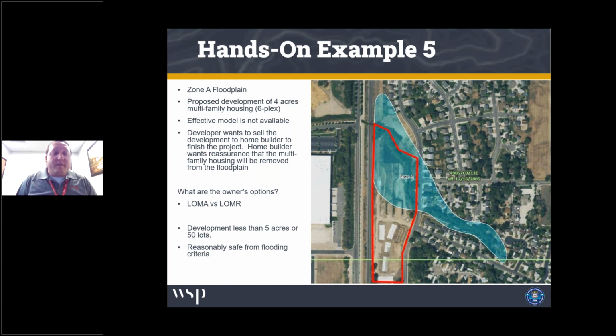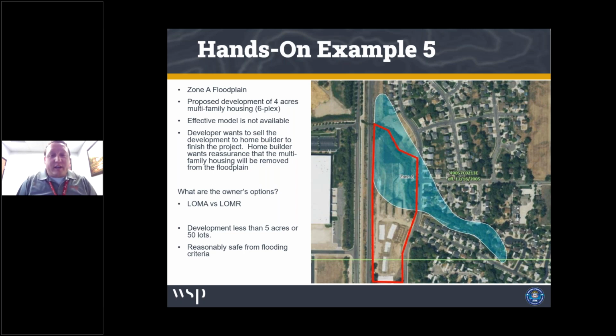So the development is less than 5 acres and 50 lots, therefore it's not mandated that BFEs be established. However, the community can request that BFEs be provided. And in order for the home builder to have that reassurance and be really sure that these homes are going to be outside of the special flood hazard area, a CLOMR would be the best way to go about it in this scenario.